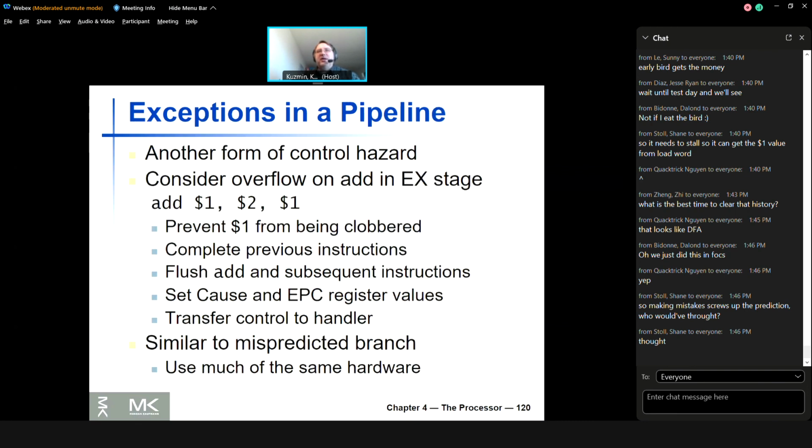As far as the pipeline is concerned, we need to basically make sure that it's like a branch that we didn't predict. So we need to complete the previous instructions, clear out the pipeline, then flush the offending instruction, like the add instruction, and all the subsequent instructions, and then branch to the address of the instruction that we got from the vector table or from that single exception handler address.